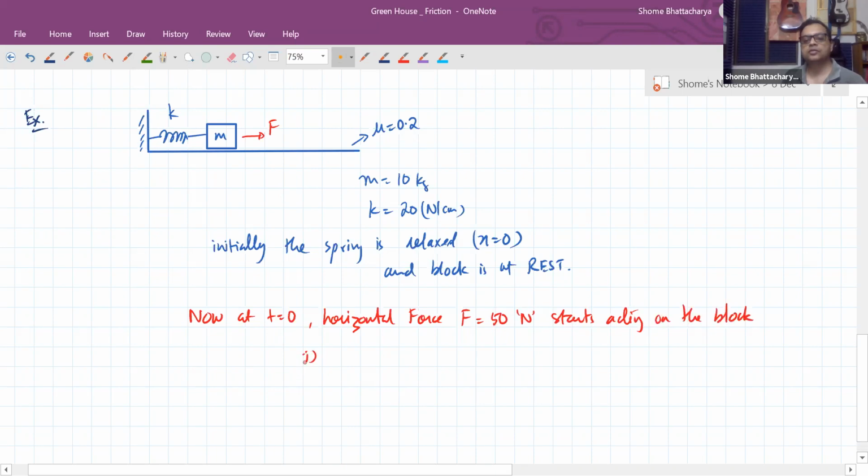So first of all, find its acceleration just after, that is, at the moment when the force starts acting.